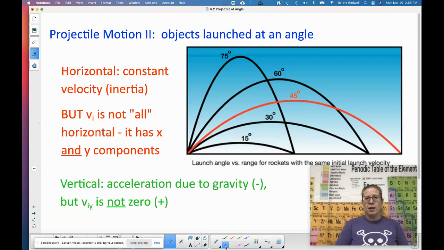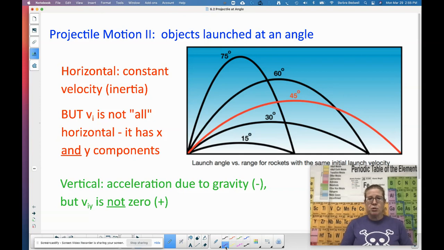When we're launching something upwards, it has a VI at an angle, and that VI has some X component and some Y component. Sounds like SOHCAHTOA to me. Our different initial angles make a big difference for how much of that initial velocity is vertical versus how much is horizontal.